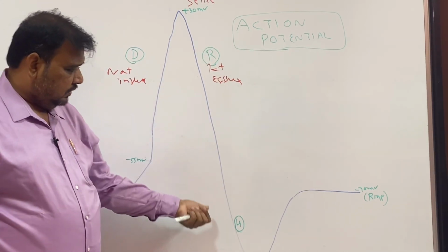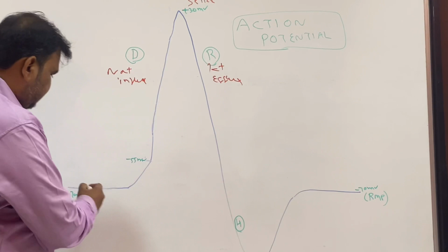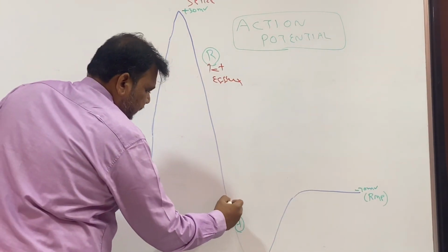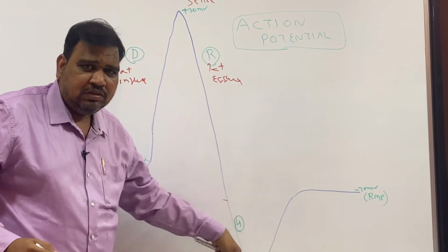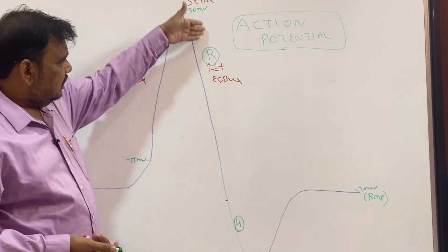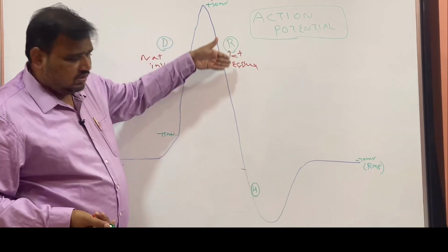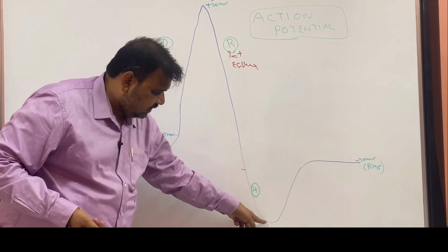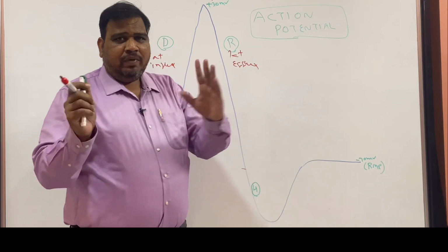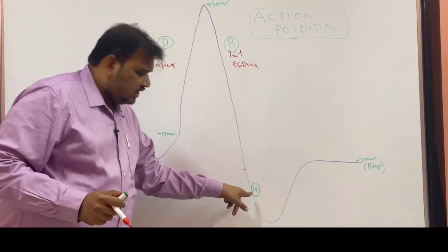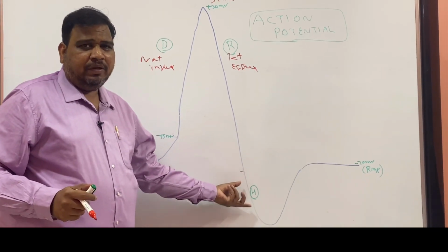It is coming down, and we expect the repolarization phase to end at minus 70 millivolt, but it still continues down. Just listen: the potassium efflux, the repolarization phase, is still going down beyond minus 70, and then it comes back to minus 70. Now my question is, what is the cause for this hyperpolarization phase?